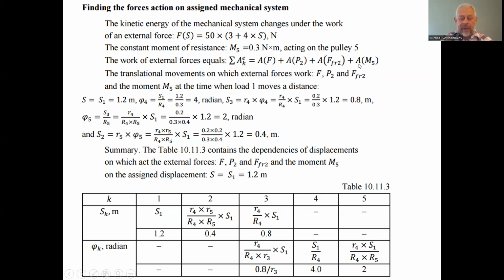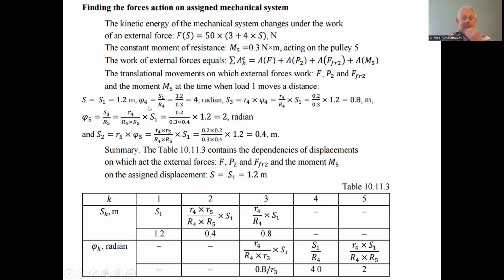And what is the angle of rotation of the fifth pulley under the action of the resistance moment M5? So we have to redefine all the displacements, translational displacement and angular displacements. So to find next the work of the external forces on the mechanical system, all these displacements we have to redefine by the assigned displacement of the first load under action of the indicated force F of S, and the displacement has to be 1.2 meters.